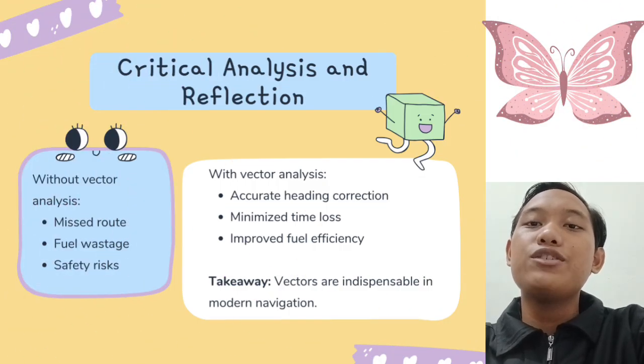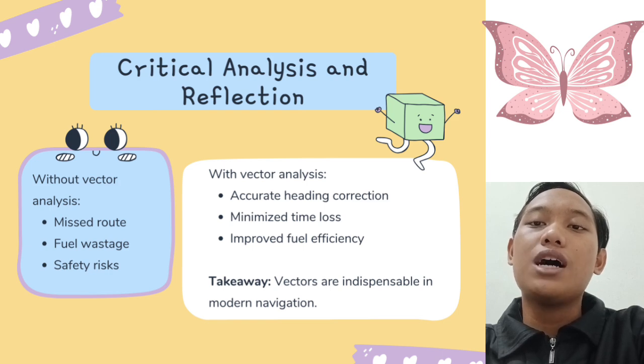Okay, from this scenario, we can draw several important lessons. With vector analysis, Captain Aiman managed to correct his heading accurately, minimize time loss, and improve fuel efficiency. This outcome shows how crucial vector mathematics is in navigation. On the other hand, if Captain Aiman ignored the wind and flew straight towards his original bearing without adjusting, several problems would arise.